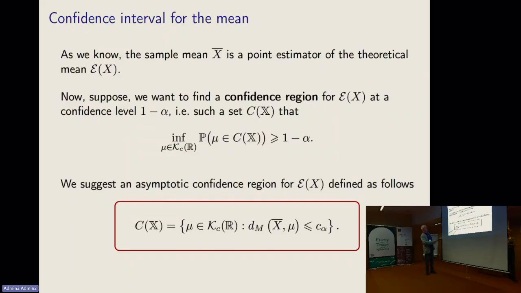So this confidence region corresponds to the set of all such intervals which are not farther from the point estimator than a given value. And this value depends, of course, on alpha. 1 minus alpha is the confidence level.